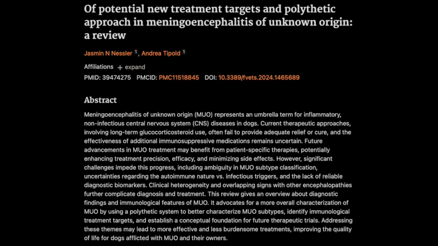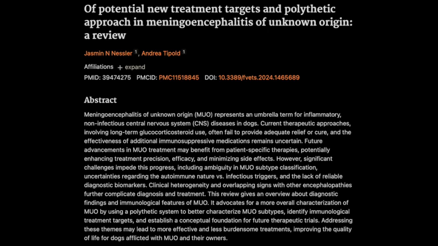So even if you're an older dog who's been healthy up to this point, if you develop MUO, you might not do as well. We also look at the findings on MRI. Things like loss of CSF signal and herniation are concerning, and they're associated with an increased risk of mortality.